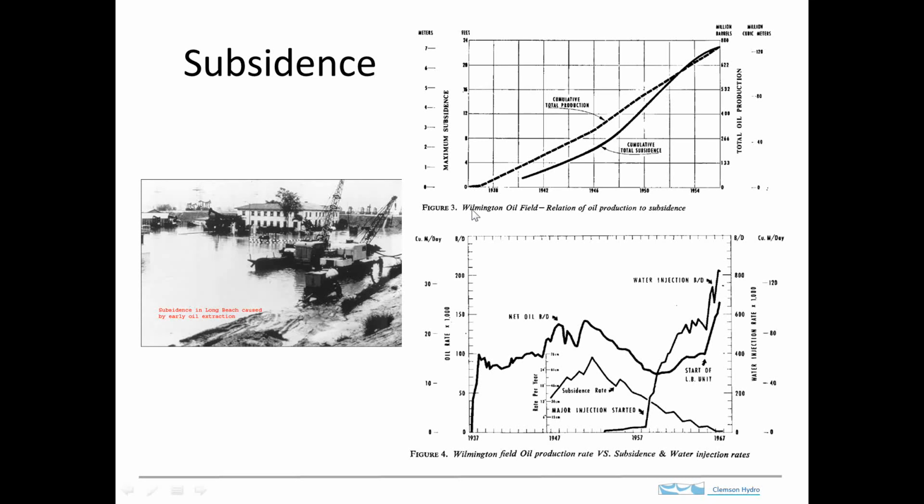This is a plot of the oil that was produced on this axis as a function of time, starting here, and there's 1938. So the production is roughly linear up until there's 1954. And at this point, there's 880 million barrels of oil.